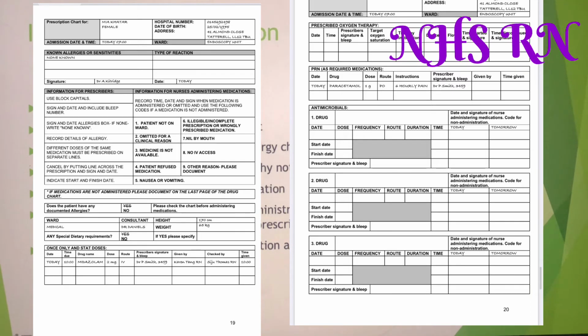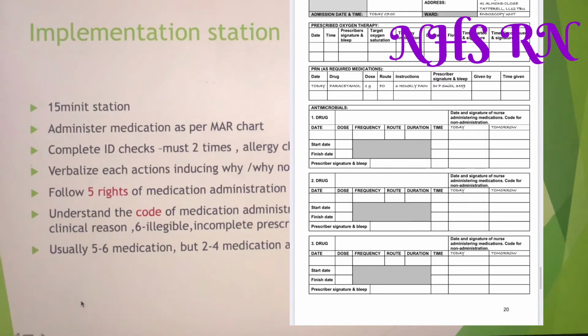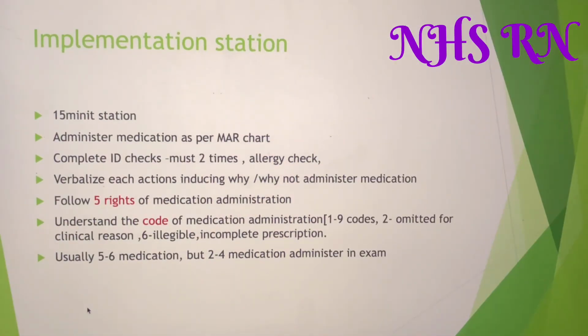Then as usual, you will start your procedure. You have to do the procedure like the introduction stage. I have already explained the introduction stage of each station, and I have separately made a video about the introduction of each station, so please watch that so that you will have some idea about it.